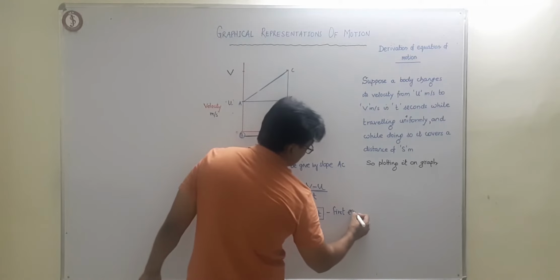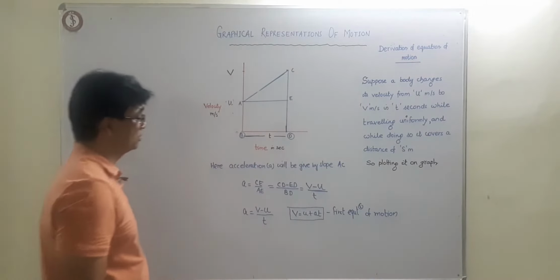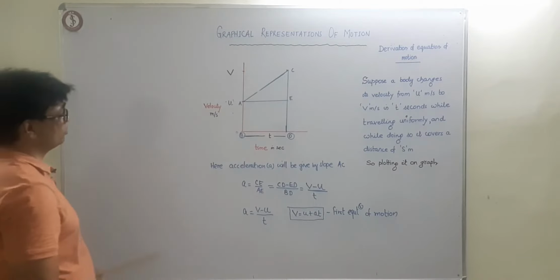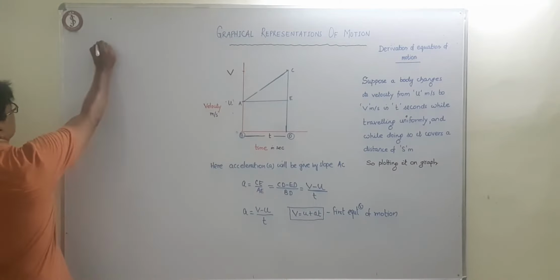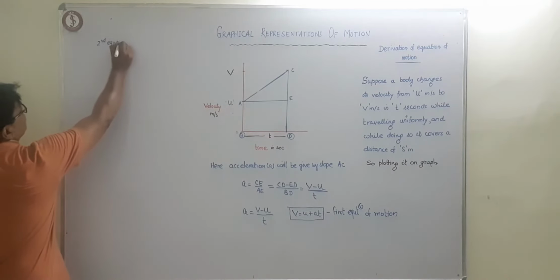If the first equation of motion comes, you have to write until here. I have written equation in short so that I don't use that space. Now the second equation of motion. The same graph and the same language can be used.